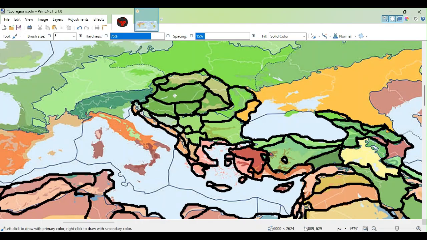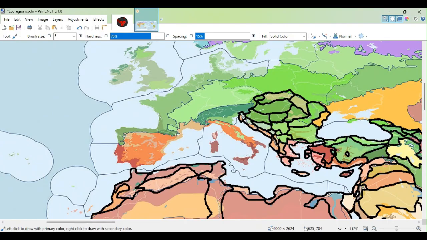So instead, I mostly drew the countries inside of the ecoregions instead of them being the ecoregions.